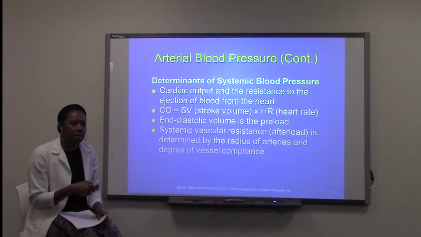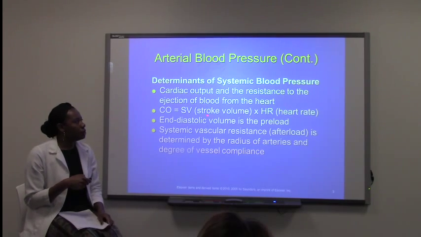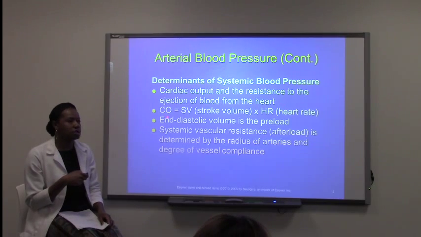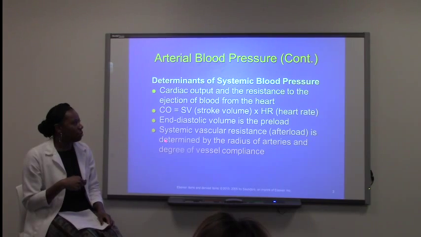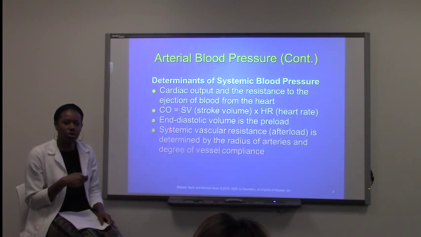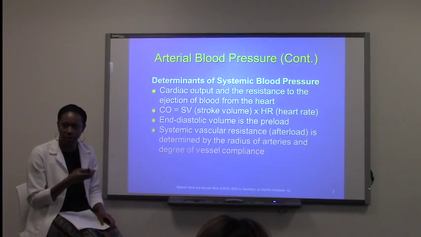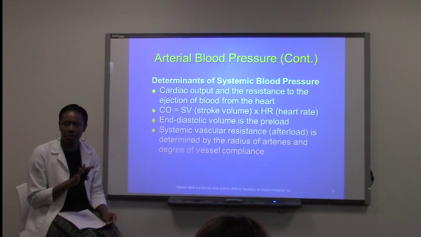So what does this mean clinically? If you have a difference in stroke volume or a difference in heart rate, that is definitely going to affect the cardiac output. So say, for example, if cardiac output is low, what do you think the body's going to do? It's going to speed up the heart rate to try to increase that cardiac output, to try to reverse it. Is everybody with me with that?